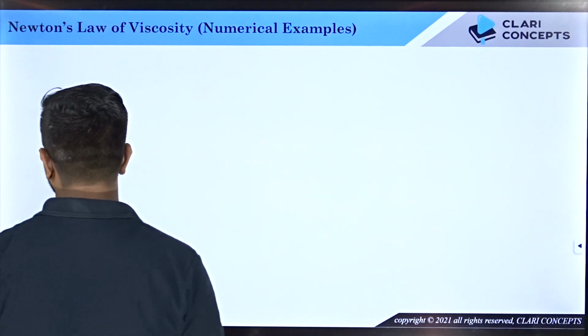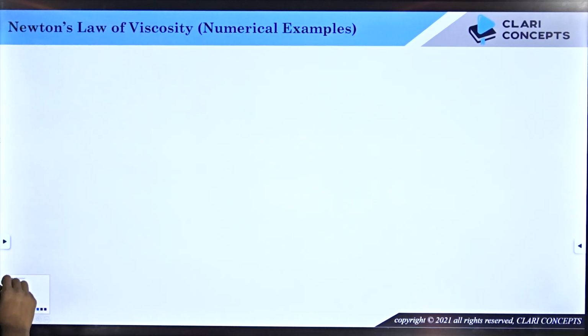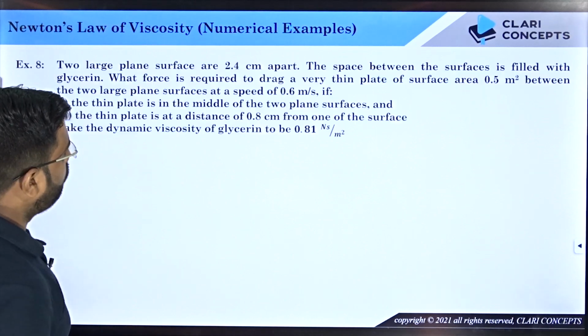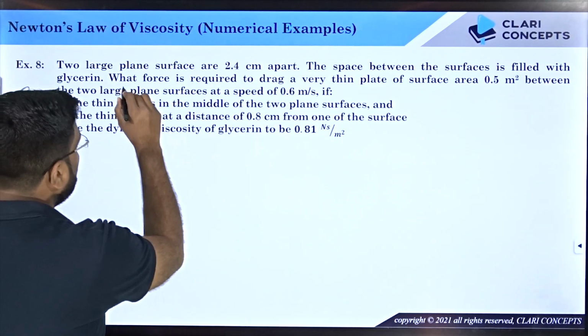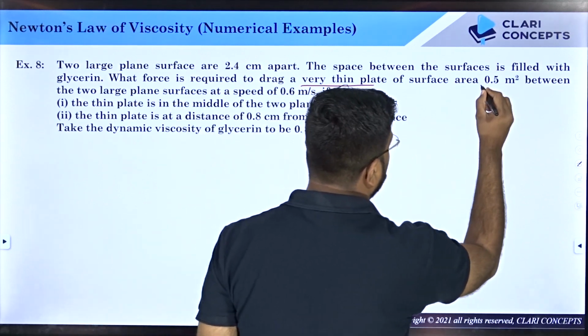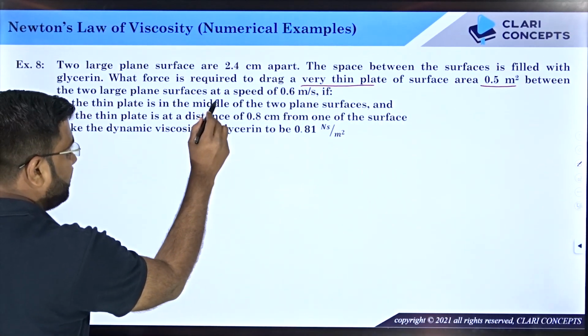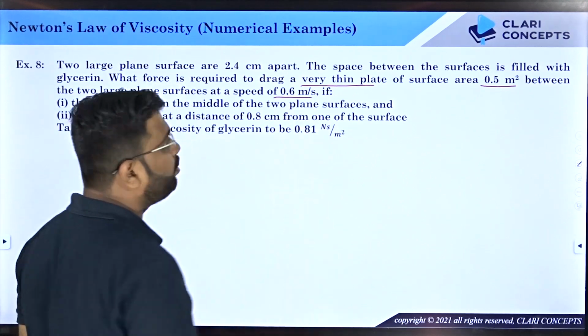Now you need to understand this very clearly. What force is required to drag a very thin plate of surface area 0.5 meters square between the two large plane surfaces at a speed of 0.6 meter per second?